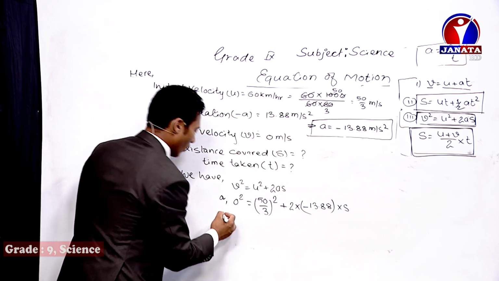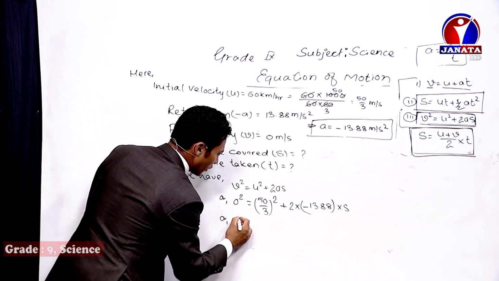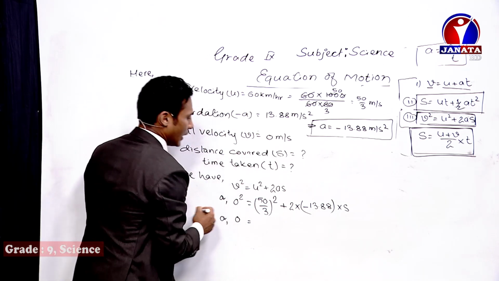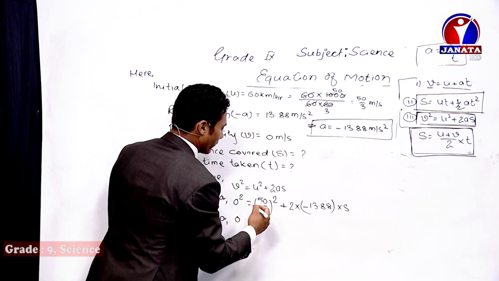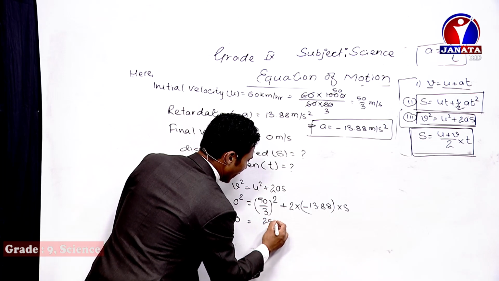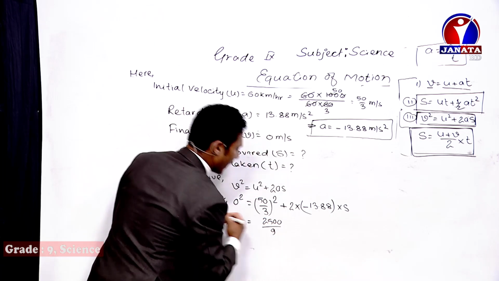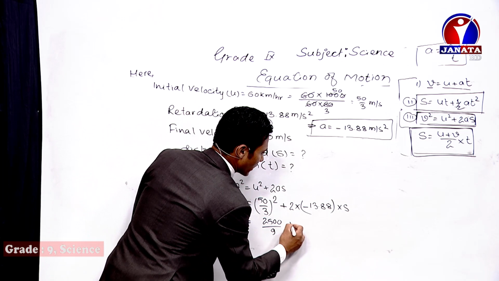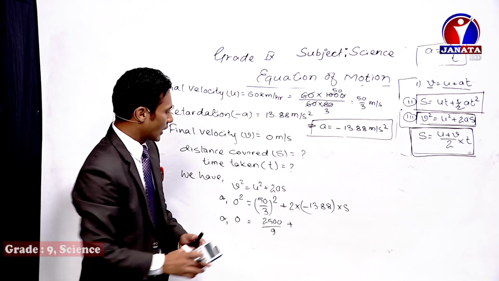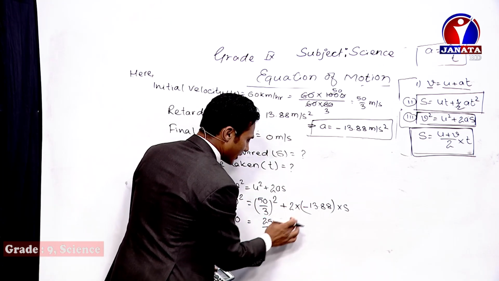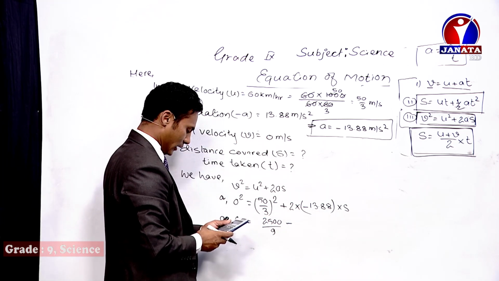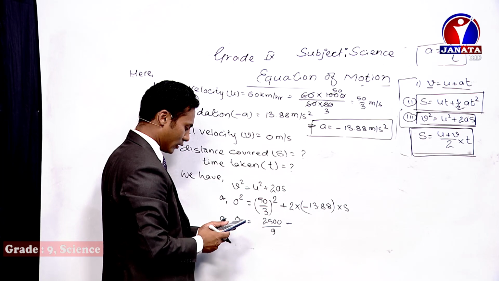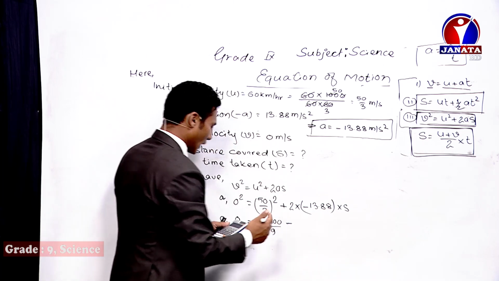Clear? 0 square is 0 equals to, 50 to the square is 2500, divided by 9. Plus, so let's simplify this one. Plus and minus is minus, and 13.88 multiplied by 2 gives 27.76.